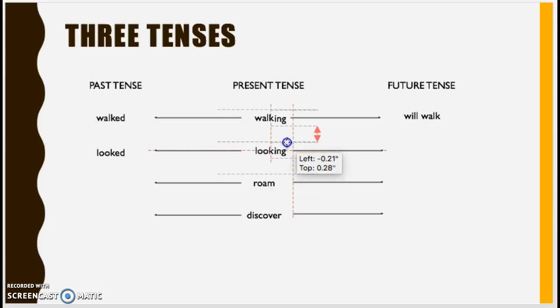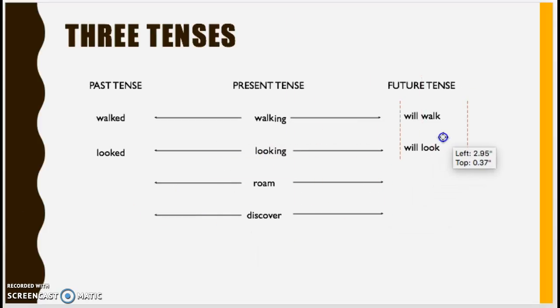If you said add ing to make it looking, you would also be correct. If I wanted to say that I plan on doing it in the future tense with the verb look, how would that sound? If you said will look, you will look for your dog tomorrow, then that would be correct.